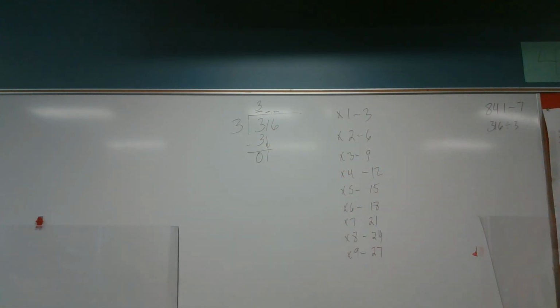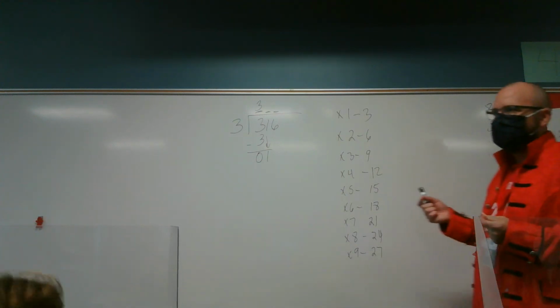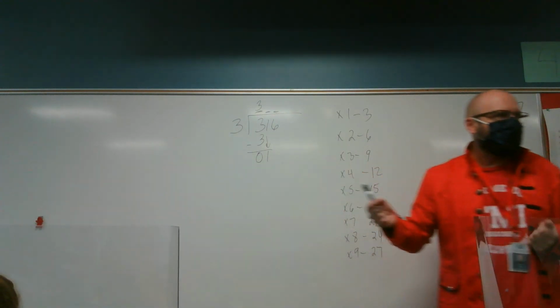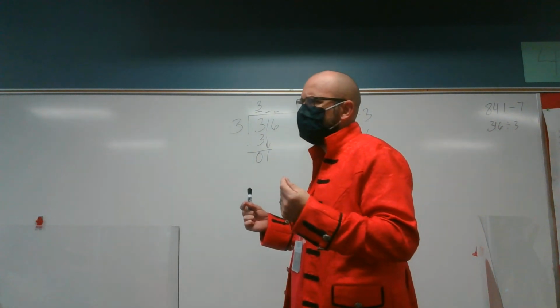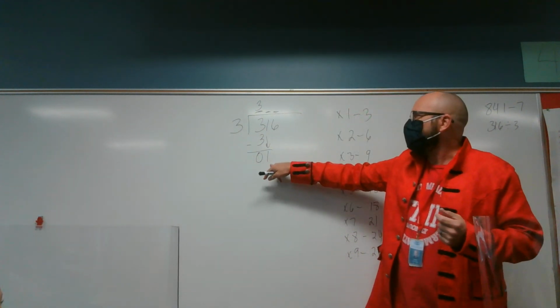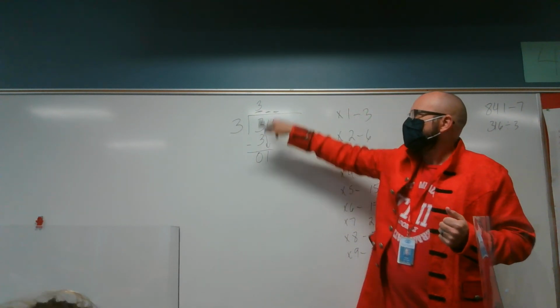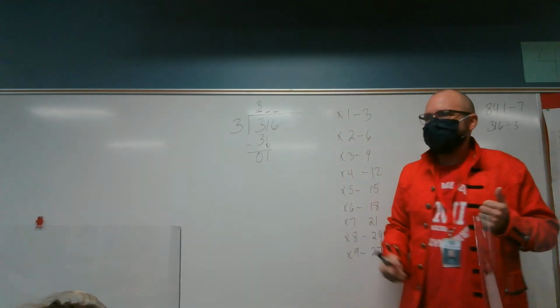This is another example of why it's very, very important to figure out how many numbers are going to be in your quotient. Because what I see a lot in my years of teaching is people go, oh, I'll just bring down the 6, and then I'll put 5 up here and my answer is 35.